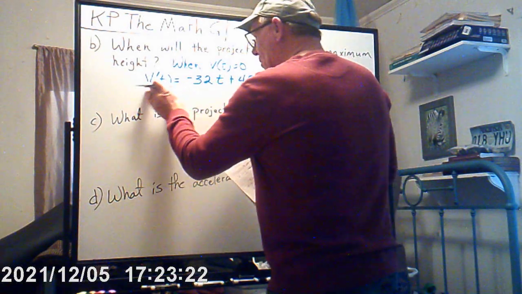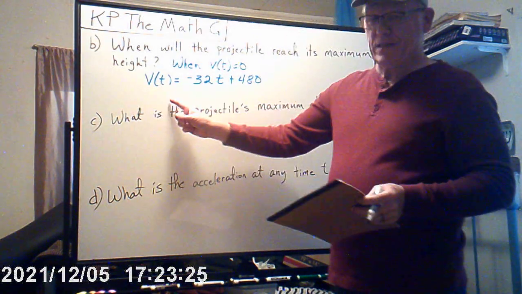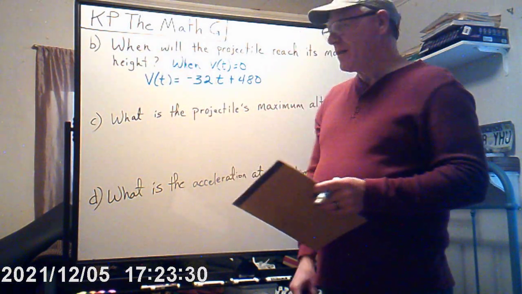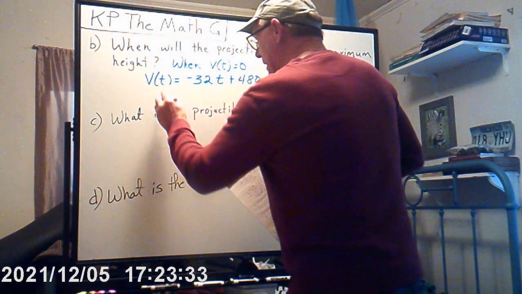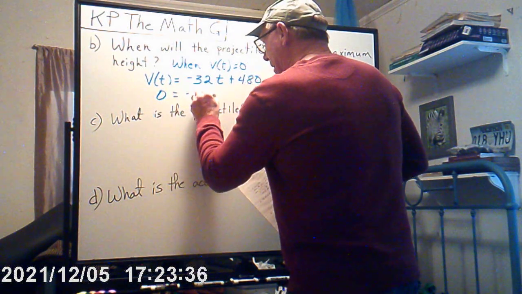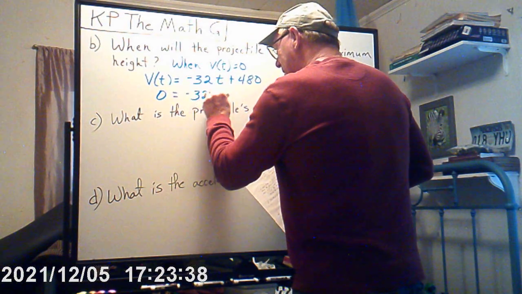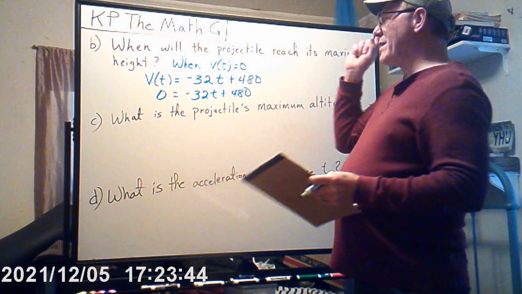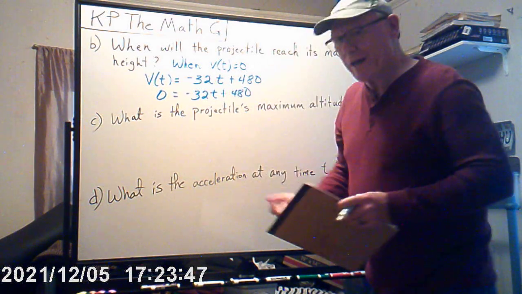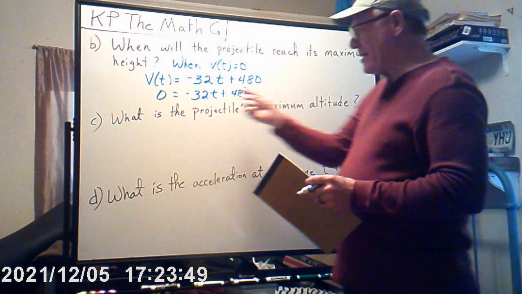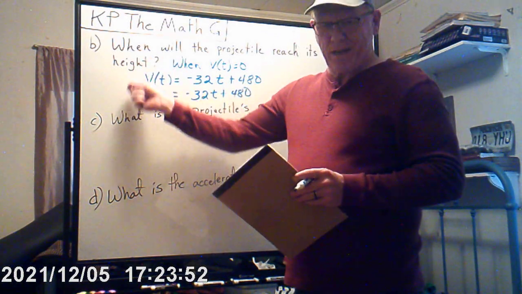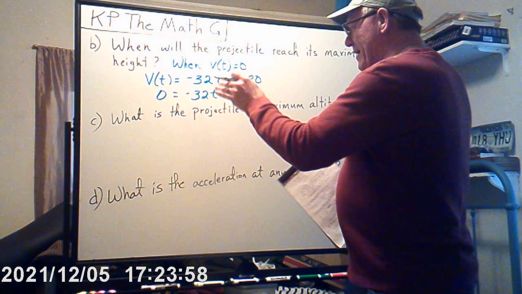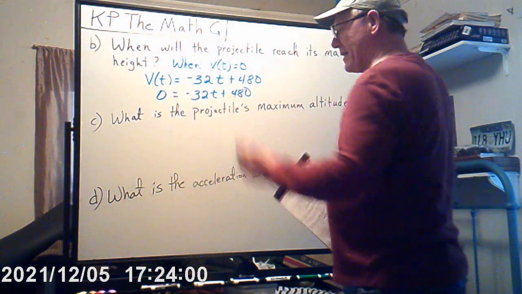And again, the whole thing, v at t, not when t is 0, but when v at t equals 0. So 0 is equal to negative 32t plus 480. That's what you have to do when you're trying to reach maximum height. Always set the velocity, the whole thing, v at t, equal to 0. It is not v at 0, the whole thing is equal to 0.